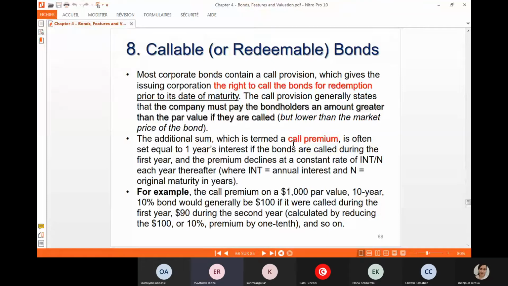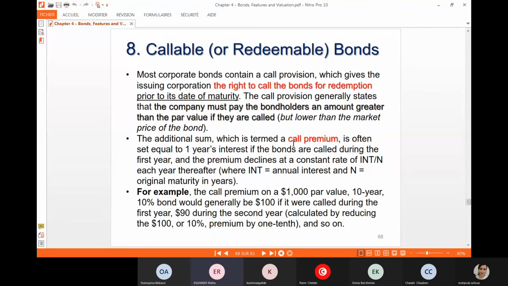Here, to be able to adapt their borrowing situation to the market conditions, these companies created the callable bonds, and this option, if you want, to redeem, to reimburse, to call the bond prior to its maturity date.